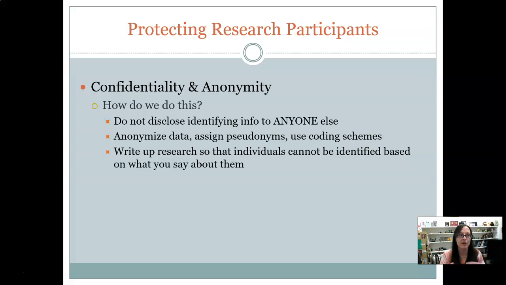There's no way to know who was who. It's a really great way to protect data, but obviously that has to be done after the fact. But it's a really great way to protect yourself as a researcher as well as your participants.